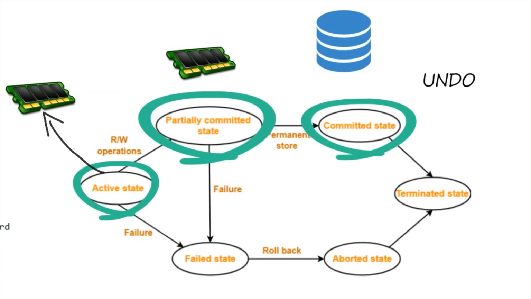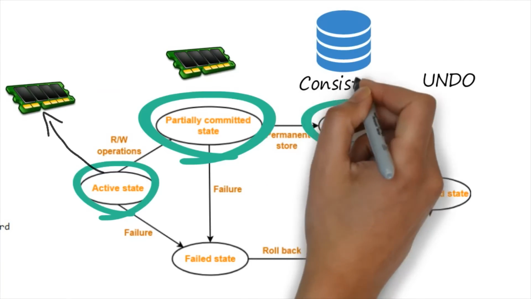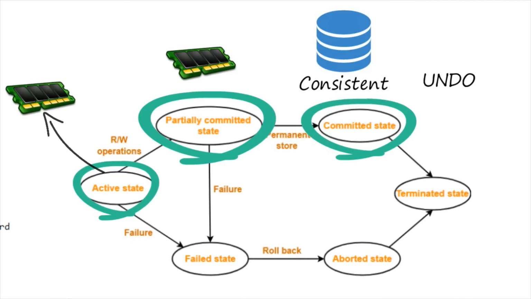In other words, it is not possible to undo these changes. This is because the system is updated into a new consistent state. Committed state means you are in a consistent state, and once your transaction is in the consistent state, it is not possible to perform any undo operation.